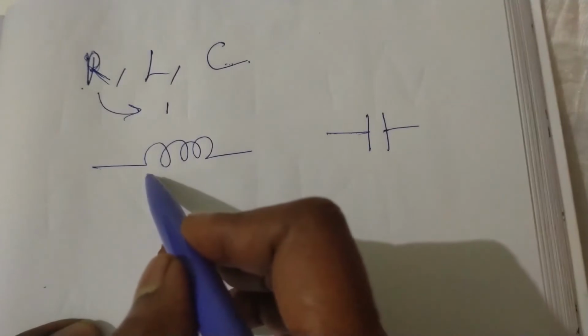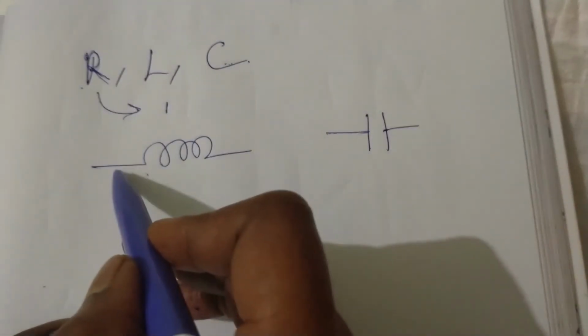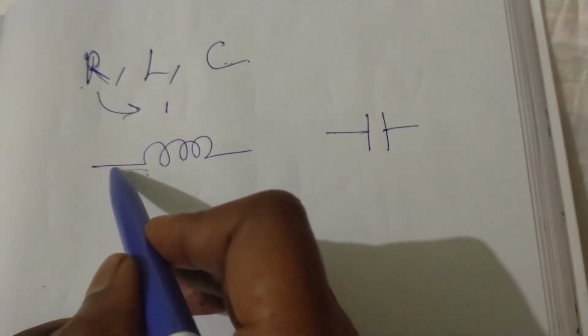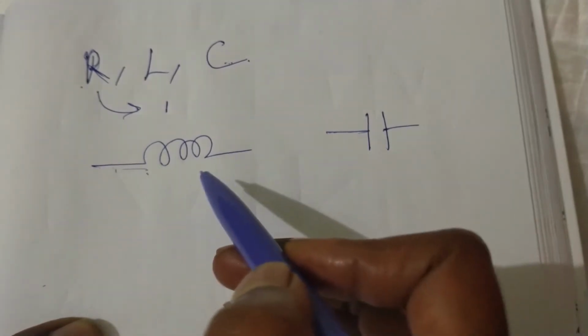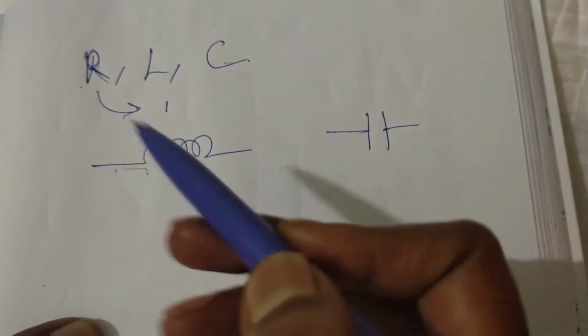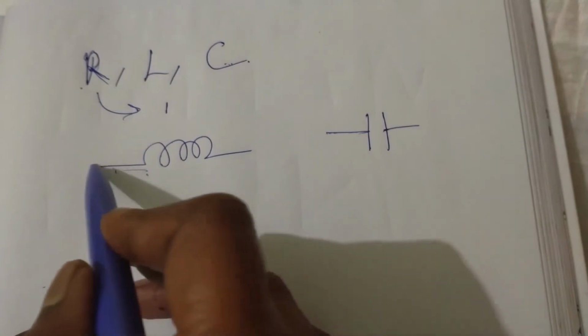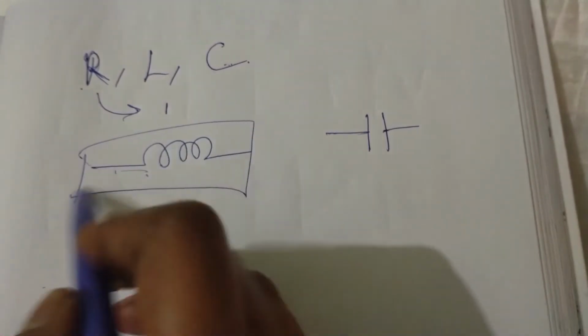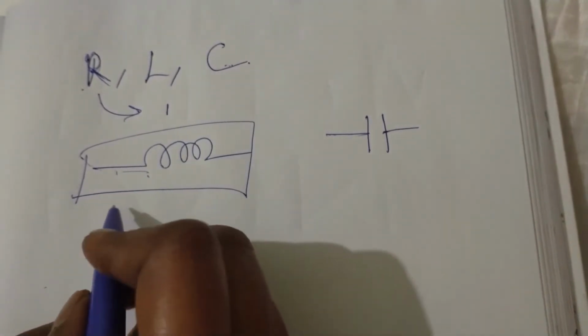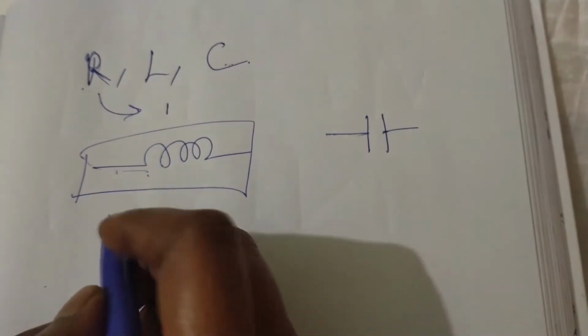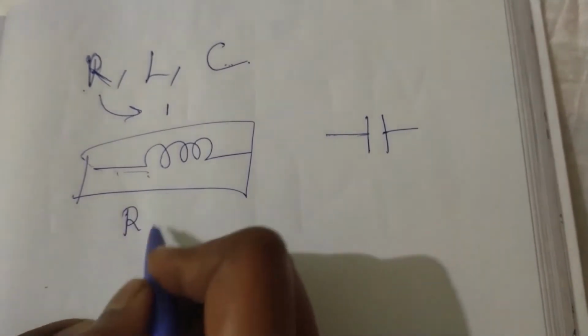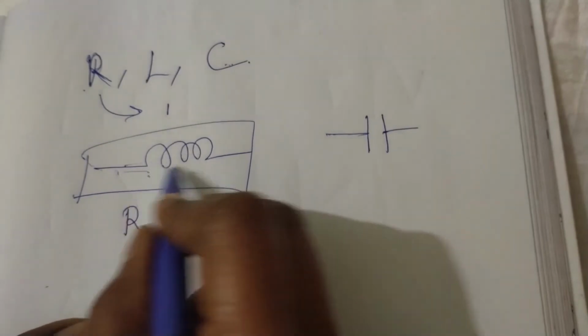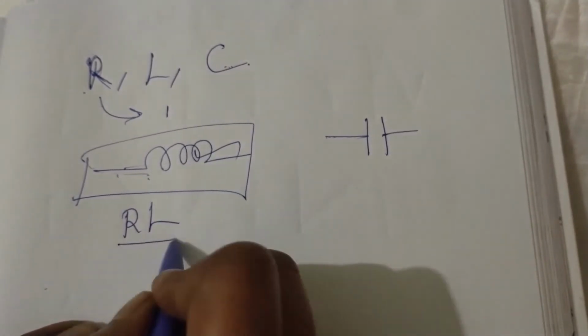If you consider an inductor or capacitor, the inductor is made up of some material, and every material has its own resistance. So for an inductor, we have to consider the resistive effect of that element along with its inductive nature, so RL.